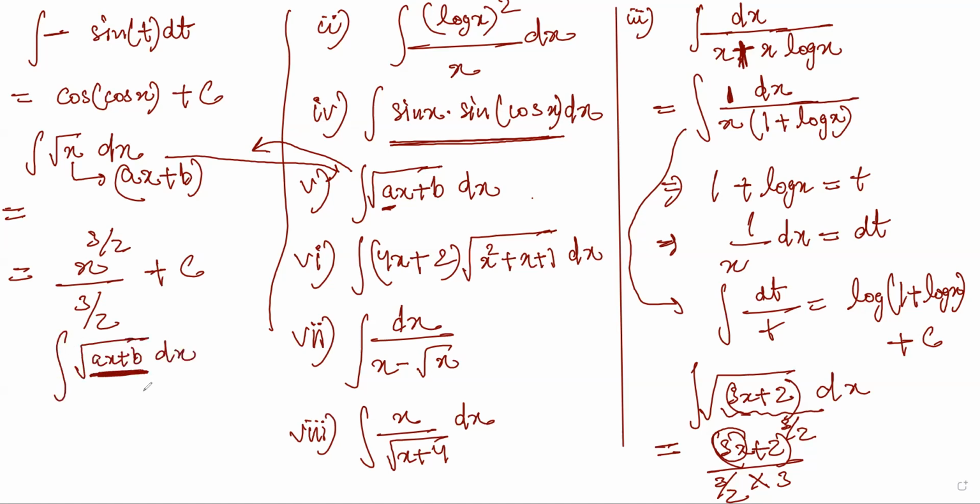Yes, the function is linear. So this will become ax plus b to the whole power 3 by 2 divided by 3 by 2. We just have to divide this whole expression by a, which is the coefficient of x. Did you get it now?